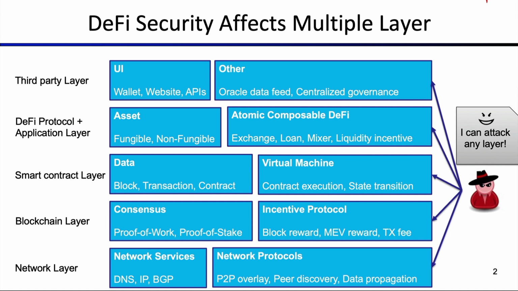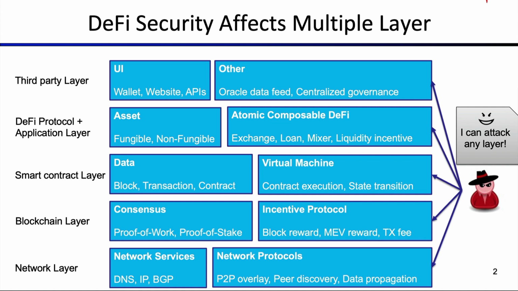On the third-party layer, DeFi is interacting with the very traditional UI or website components of the internet, of Web 2.0, if you will. This is really the connection between Web 3 and the traditional internet. These components naturally have to be secure in order for DeFi to function properly.